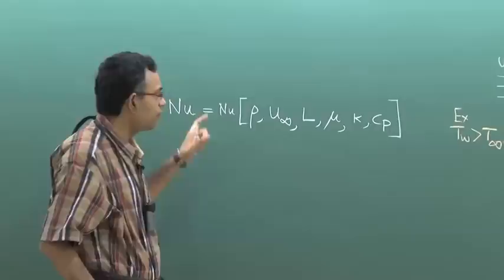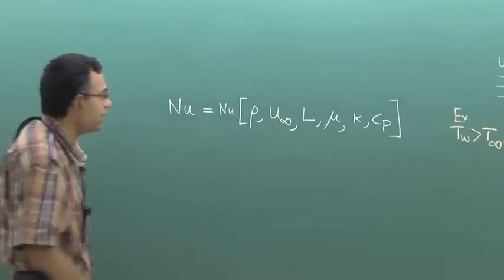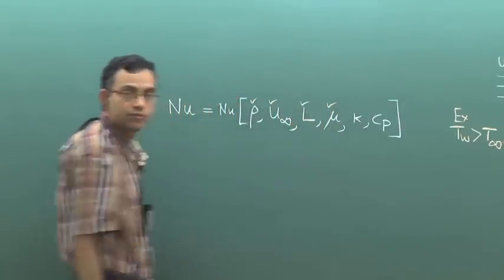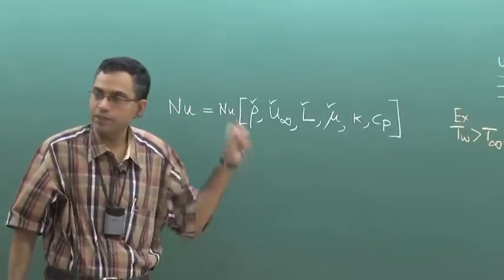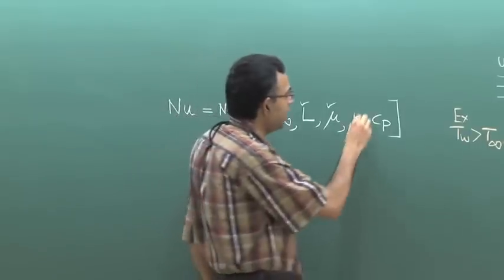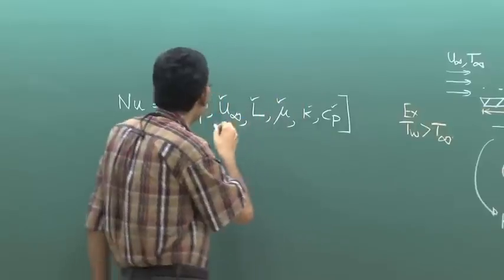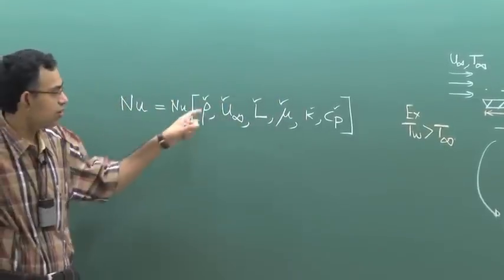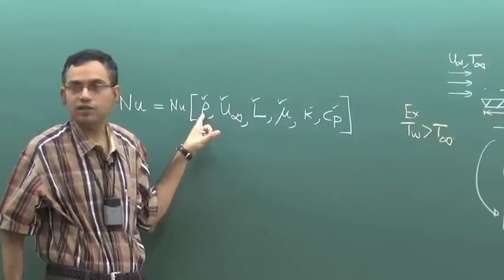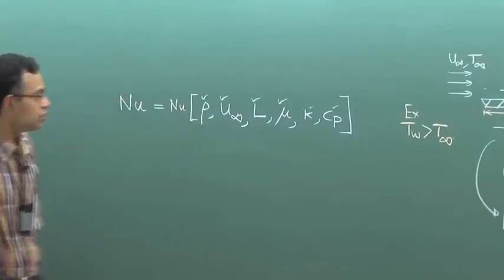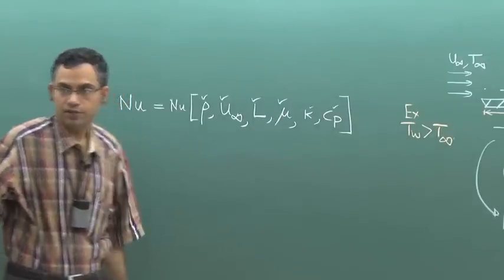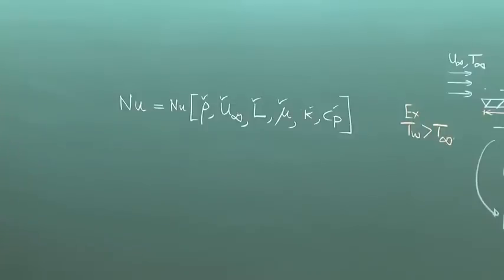Out of these, what are the fluid mechanics parameters? The fluid mechanics parameters are rho, u infinity, L and mu, and we will discuss why these parameters are important. And the non-fluid mechanics parameters are K, Cp and partly rho also. Rho partly contributes to the fluid dynamics parameters and partly contributes to the thermal parameters. So, the question is, why are these parameters important? These parameters are important because of the following reason.